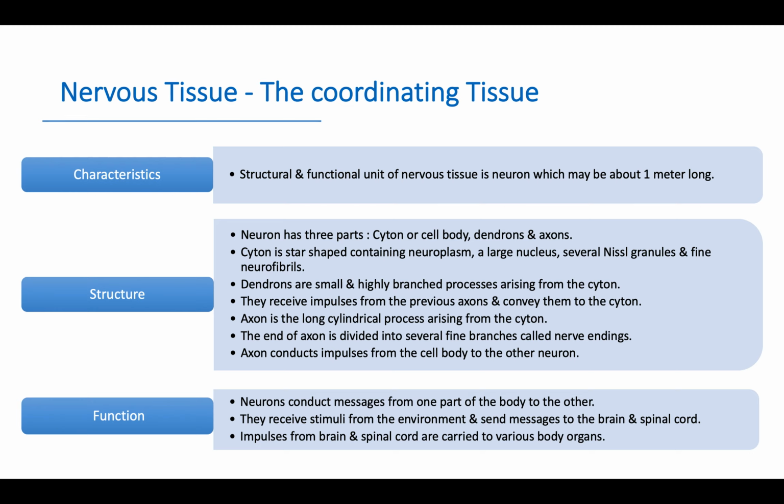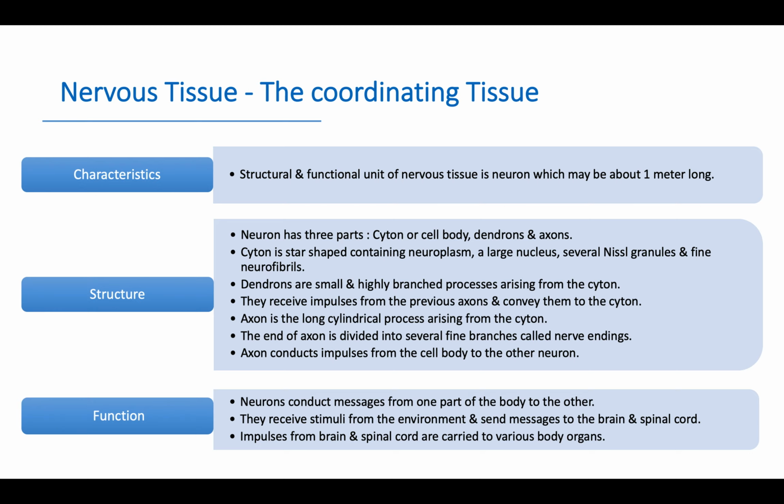Axon is the long cylindrical process arising from the cyton. The end of the axon is divided into several fine branches called nerve endings. Axon conducts impulses from the cell body to the other neuron. Functions of nervous tissue or functions of neurons.